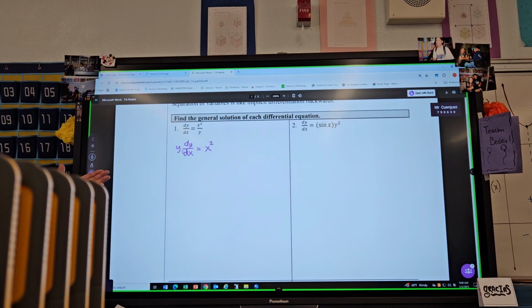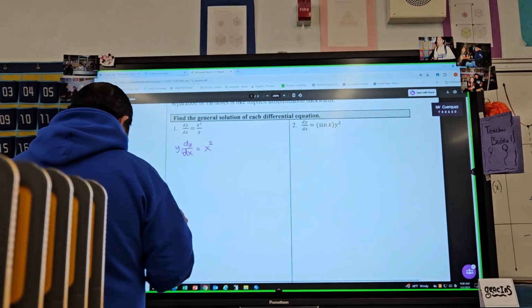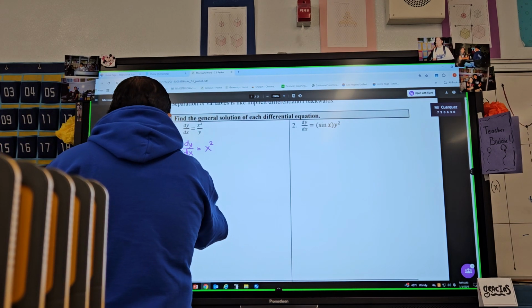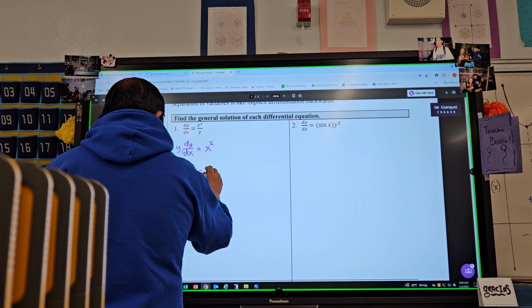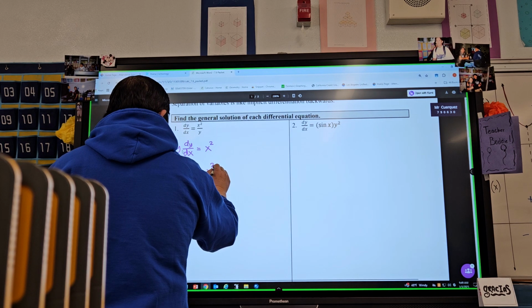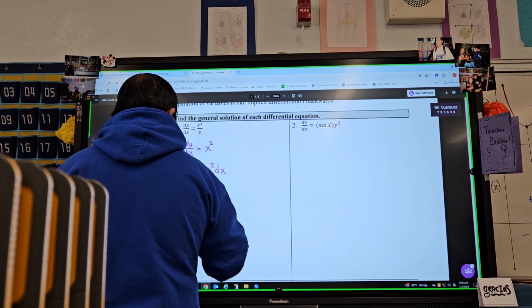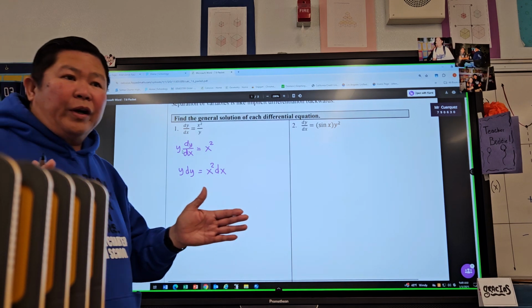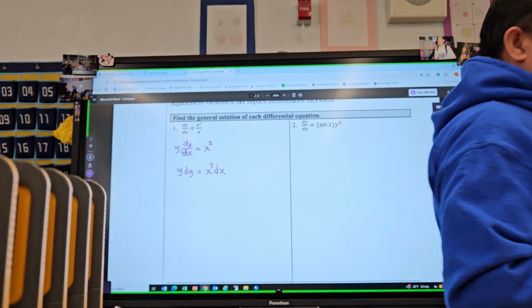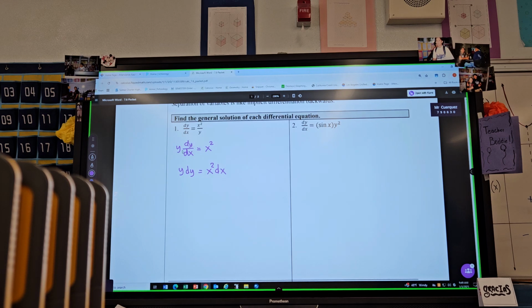But what to do next is multiply x squared by dx. So we now have y dy is equal to x squared dx. Okay, we have separated already, right? So x to dx and y to dy.